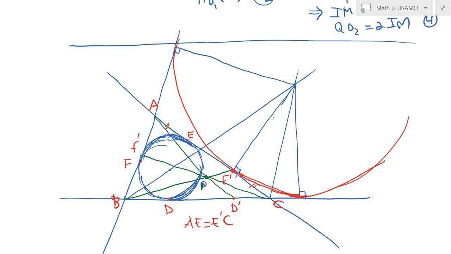So this intersection point, we usually call the Nagel point. Now, why is there a dilation, a homothety, between the incenter and this weird point and A, right? That's something that I would like to explore.